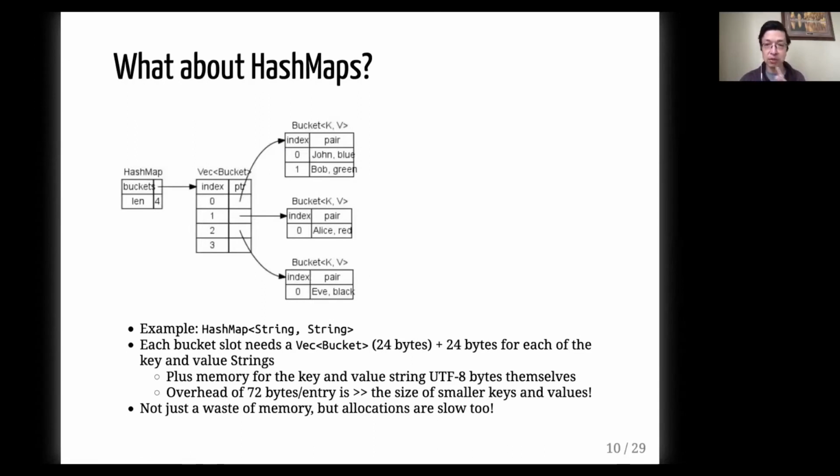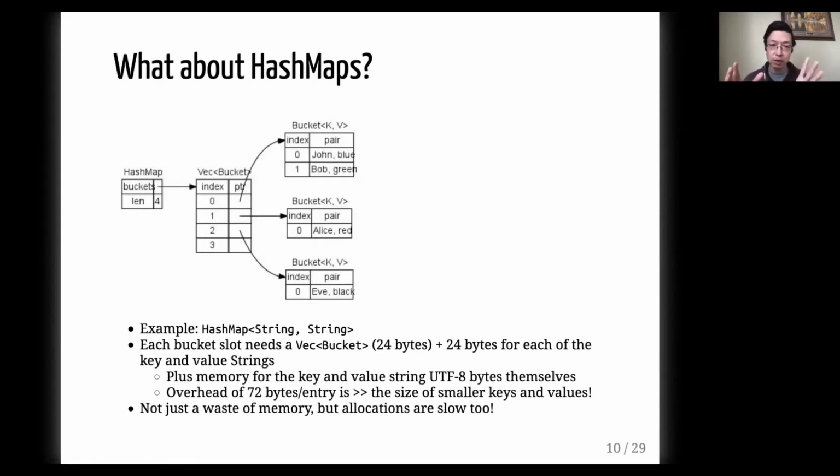If my hash map has a string key and a string value, that means I'm storing a key and value entry in each bucket slot. I'm using 24 bytes for the key string struct, and 24 bytes for the value string struct. So that added together gives you 48, right?